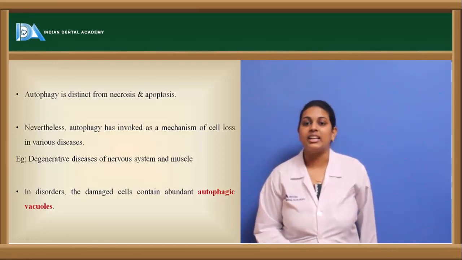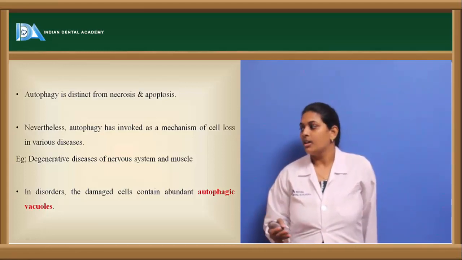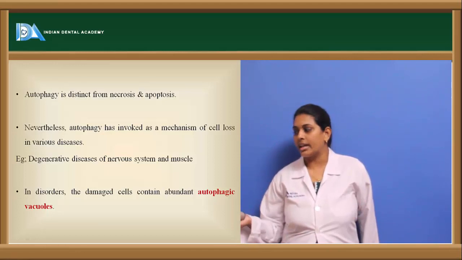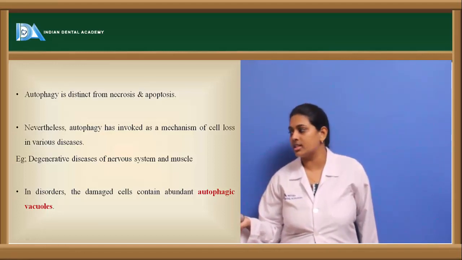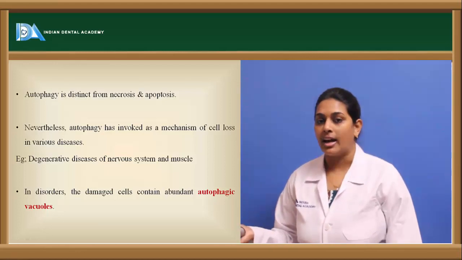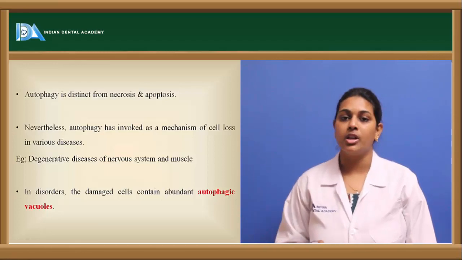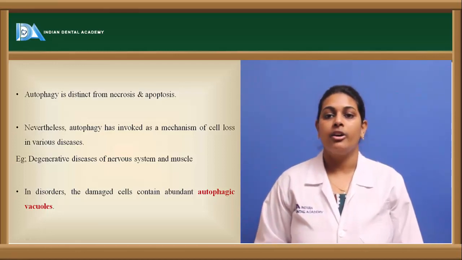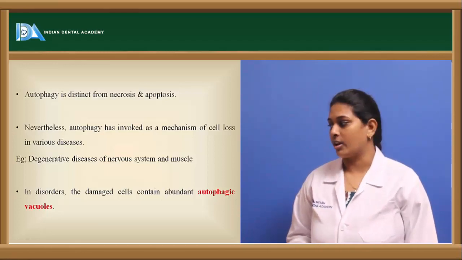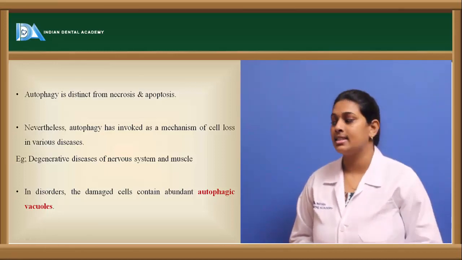It means that autophagy not only helps in cell survival, but also helps in cell loss. For example, we can see this in degenerative diseases of the nervous system as well as in muscles, where unwanted cells or already degenerated nerve cells or muscle cells are removed by the process of autophagy. So autophagy has functions in cell survival as well as in cell loss.